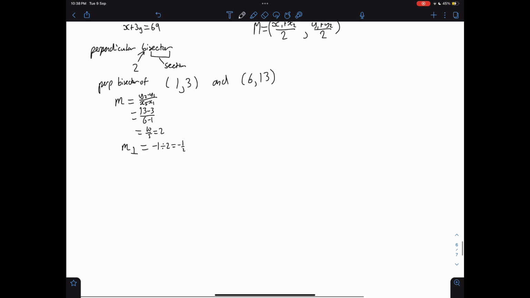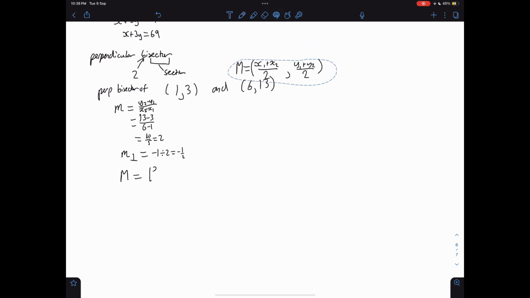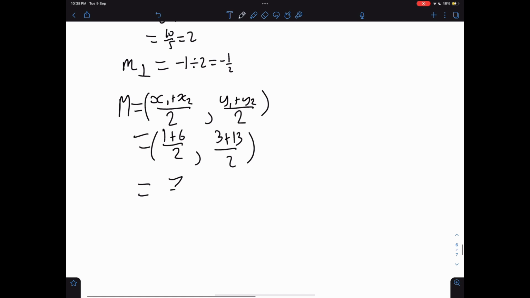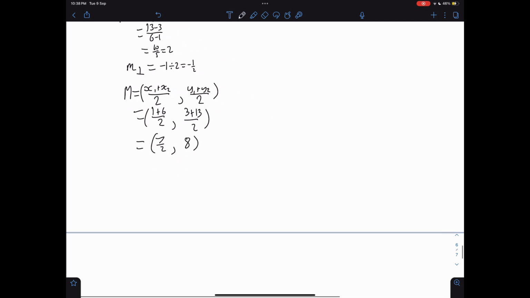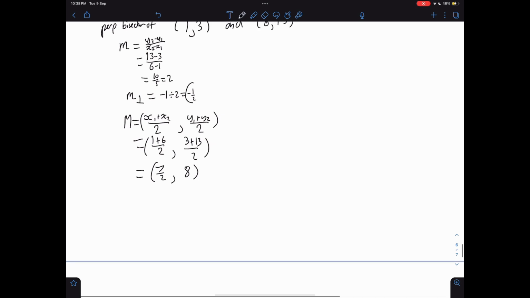And then I would do my midpoint calculation. That would be equal to 1 plus 6 over 2, comma 3 plus 13 over 2. So that's 7 over 2 and 8. And that's our point.